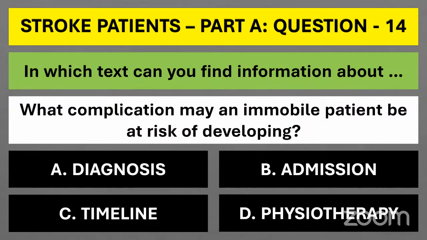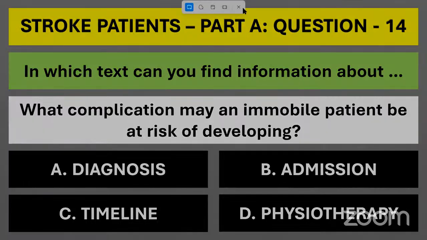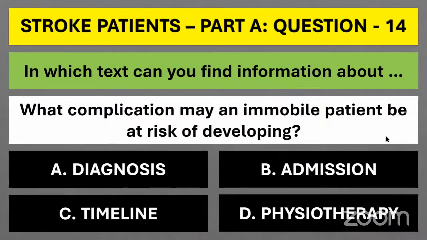Where will you find it? In diagnosis or admission or timeline or physiotherapy? A, B, C, D. What complication may an immobile patient be at risk of developing?